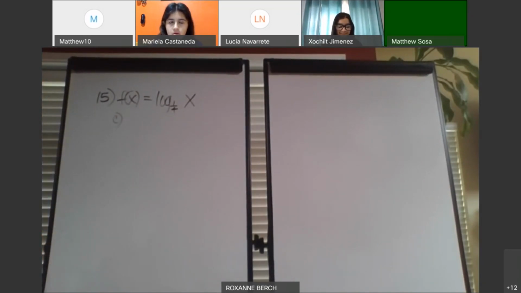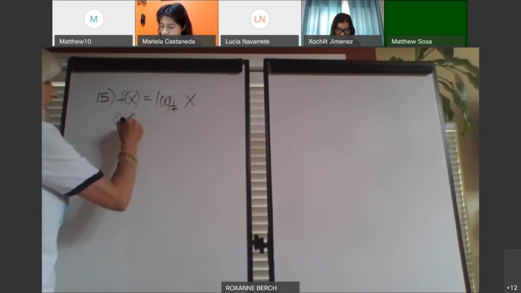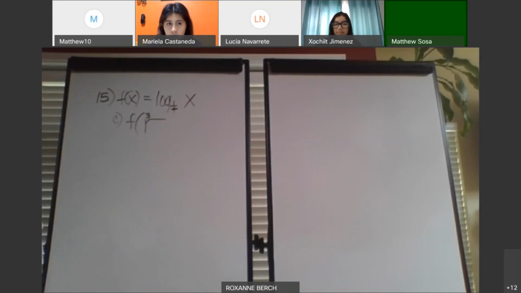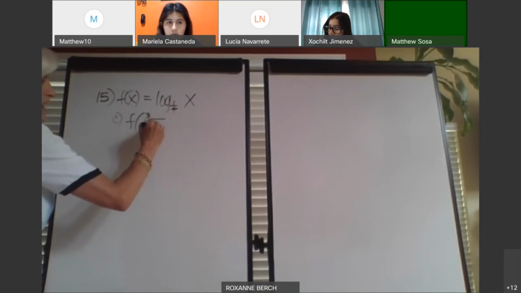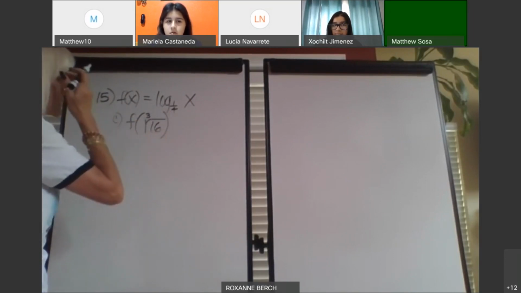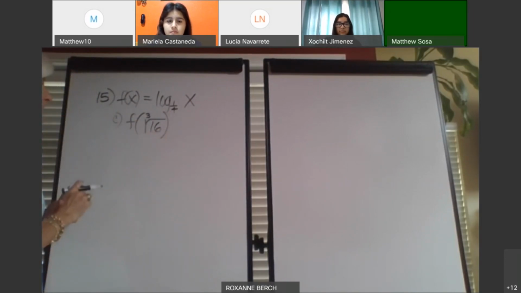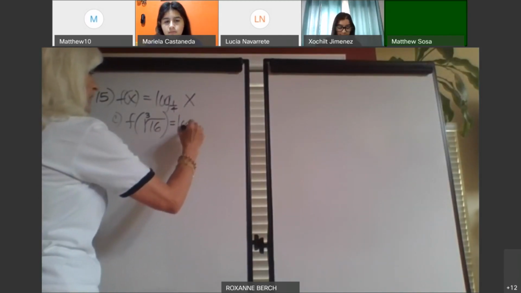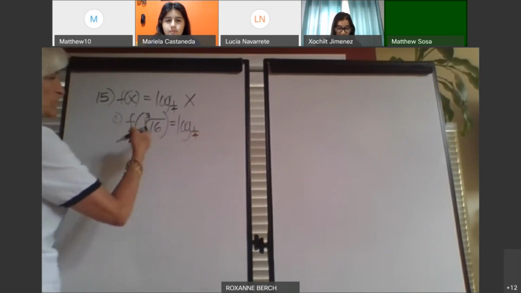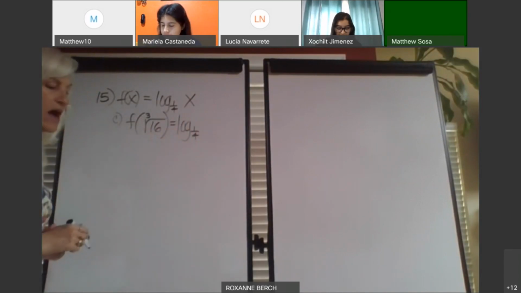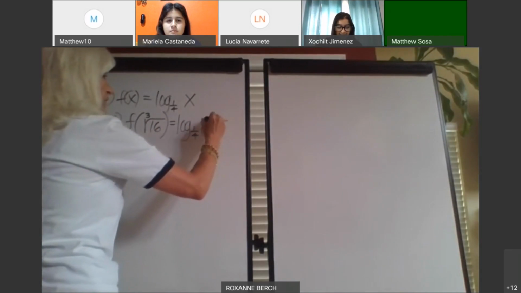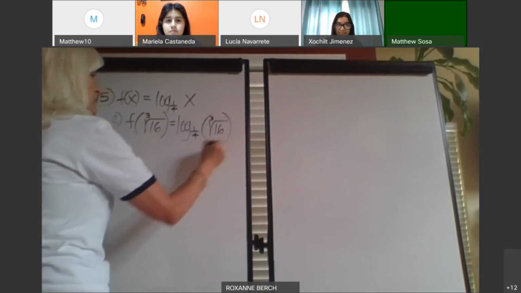Okay, this is the one that a lot of people didn't know how to do. This is F. What is the cube root of 16? Is that correct? Yes, that's correct. Okay, thank you. So wherever you see an X, you're going to put the cube root of 16.